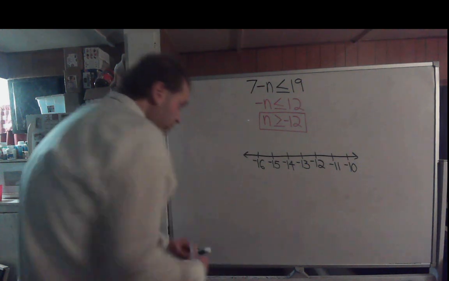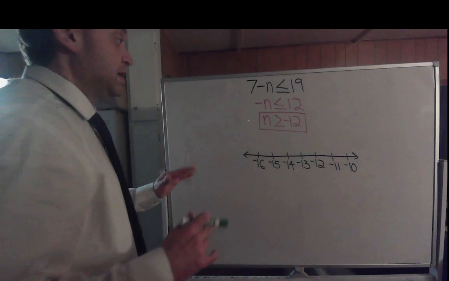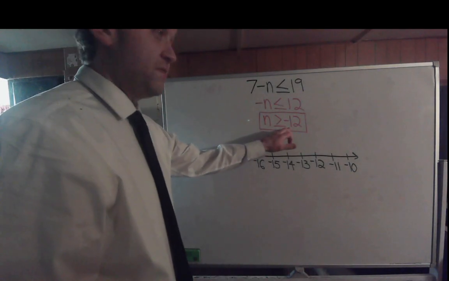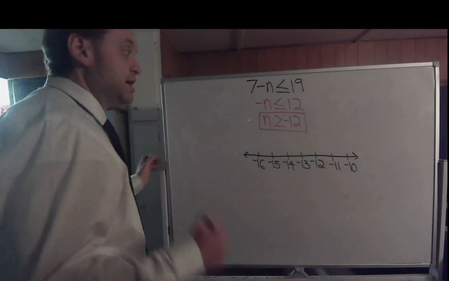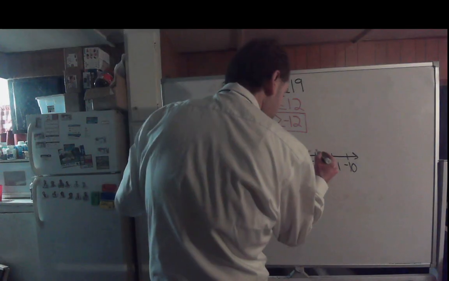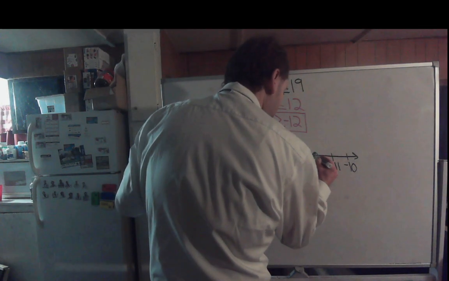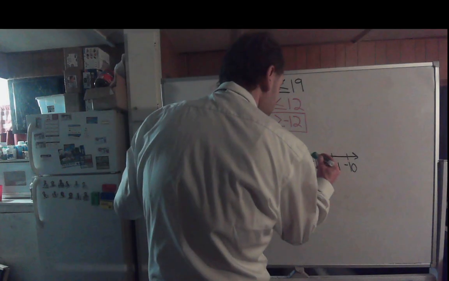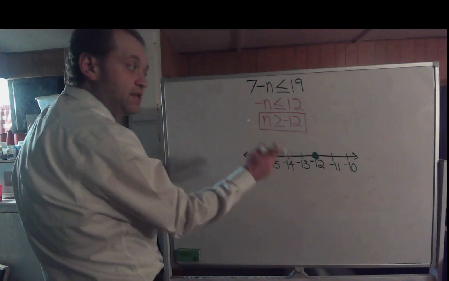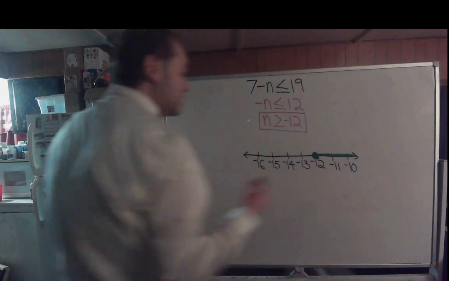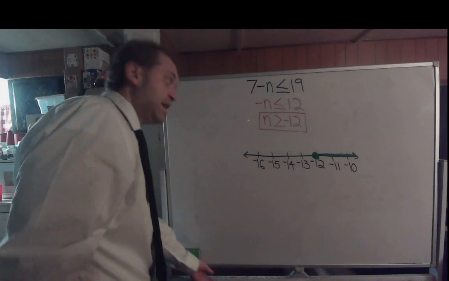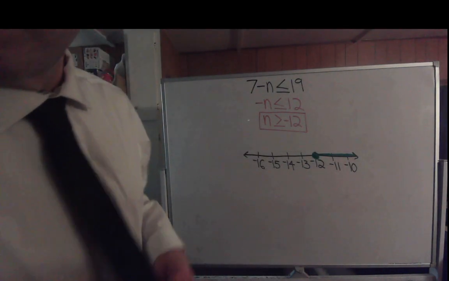So if your solution includes the value, so n is greater than or equal to negative 12, you're going to put a solid dot at negative 12, denoting that it includes negative 12. And then since it's greater also, you'll shade everything to the right of it, since it's going to be increasing in value. So that's how you would graph that on a number line.